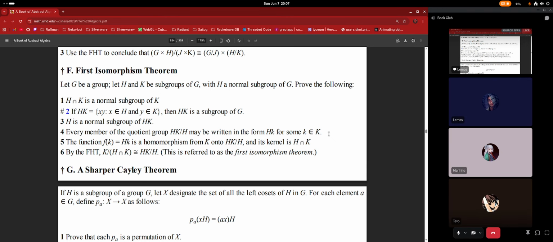I think it's like the elements that were fully from H, they are getting factorized out. The elements from the intersection must be going to identity, and the remaining is everything that is exclusive to K, I guess. Does that make sense?